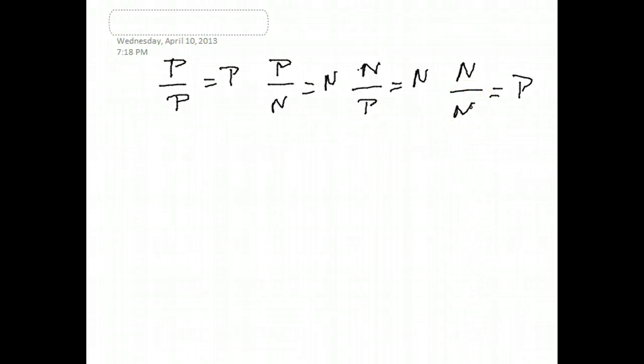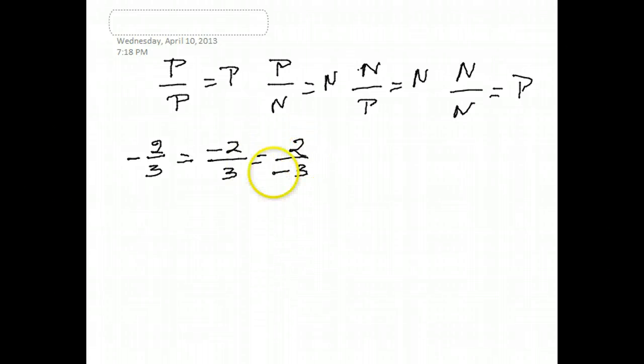Okay, another principle I would like to point out in terms of division is how we deal with negative signs for a division or a fraction. So let's say I have minus 2/3. I can write this as negative 2 over 3, or I can write it as 2 over negative 3. So in a fraction, which is really another form of division, as long as you have one negative sign, it doesn't matter where it goes.